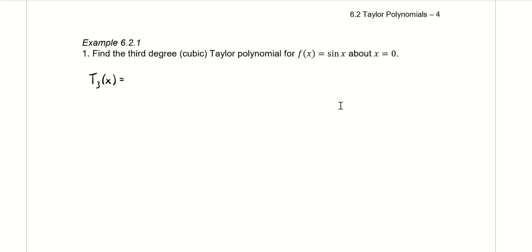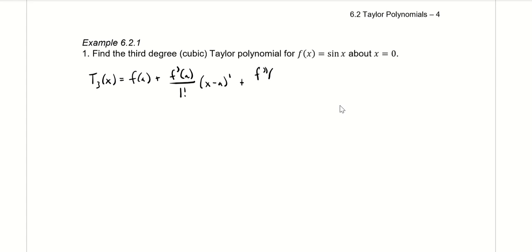This is going to be equal to f of a plus f prime of a over, now here's my pattern, that's the first derivative, so this is going to be 1 factorial times x minus a to the 1. Let me rewrite this derivative sign so it looks more like an apostrophe than a 1. Plus, now everything's going to involve a 2.